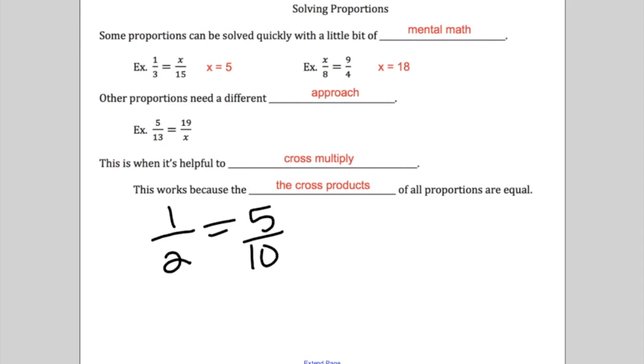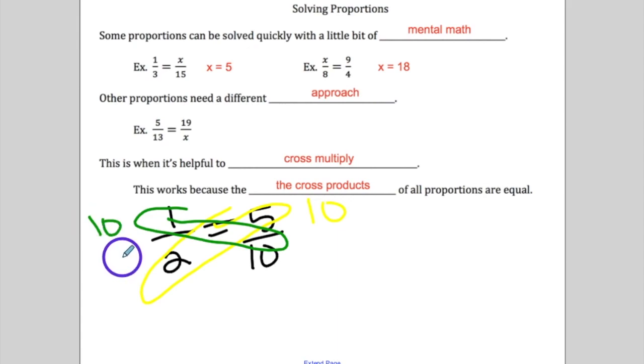So looking at the cross products, meaning 2 times 5, that is indeed 10, and then 1 times 10, sorry for my sloppy writing there, 1 times 10 is also 10. And you could do this with any example at all. I could even look at 1 over 10.